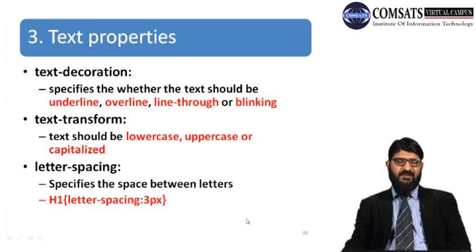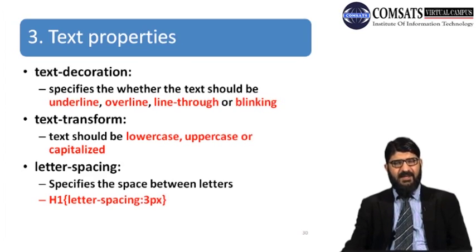Now some other properties of the text, that is text decoration. Text decoration specifies whether the text should be underlined, or overlined, or line through, or the text should be blinking.